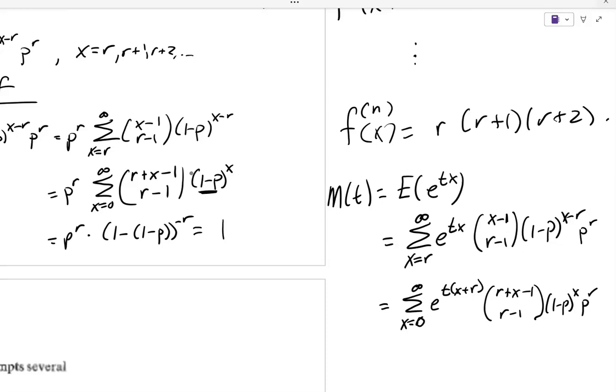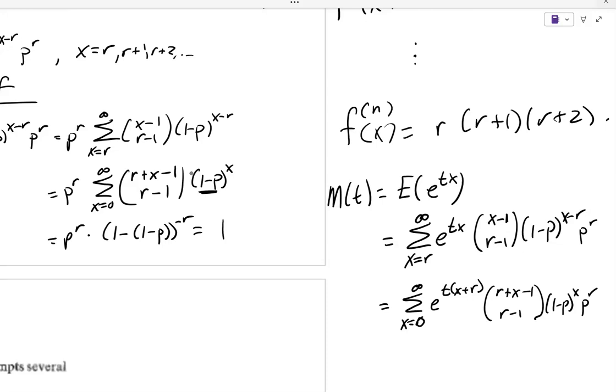So you should have an e to the t times x plus r. The r plus x minus 1, choose r minus 1 is just like what we had before. 1 minus p to the x, and then a p to the r. Now, remember when we did this for the PMF, we pulled out a p to the r. What else can we pull out of the PMF? We have to do something a little bit algebraic. But what else can you pull out of the PMF? What else can you have in there that doesn't have any x's in it? E to the tr, right?